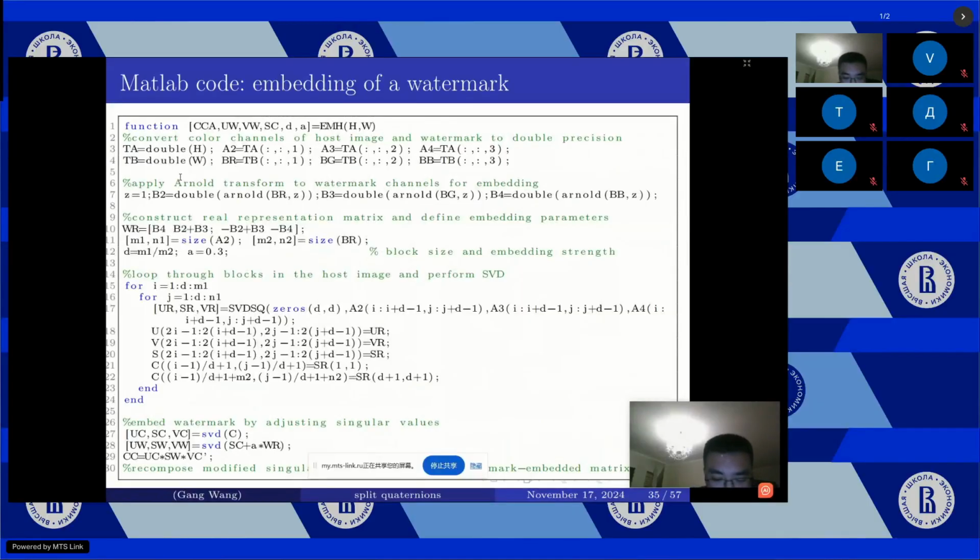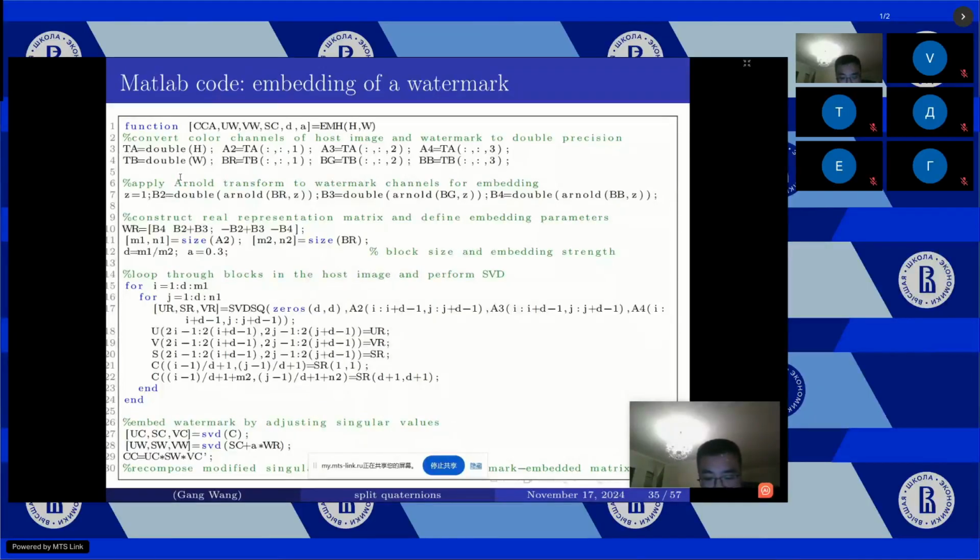The following MATLAB program investigates the watermark embedding process, incorporating specific details for each step. First, the host image is converted from single to double precision, and its RGB channels are separated.